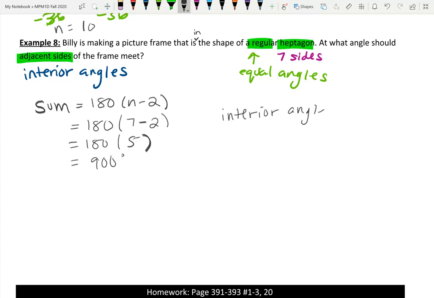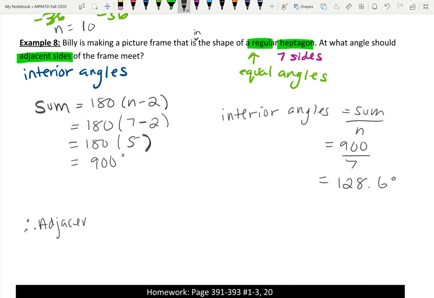Interior angle is equal to the sum divided by the number of sides. So 900 divided by how many sides? So each interior angle is about 128.6 degrees. And in my therefore statement, I'm going to use the same wording that was presented to me in the question.